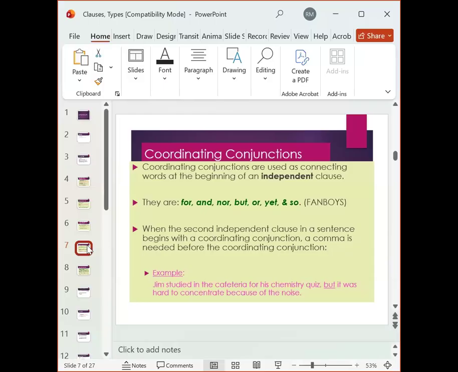Dependent markers make dependent clauses, so you keep that at the back of your mind. Like, farm boys are independent clauses. Boys who are farm are independent clauses. Dependent markers make dependent clauses. And we saw the dependent markers.